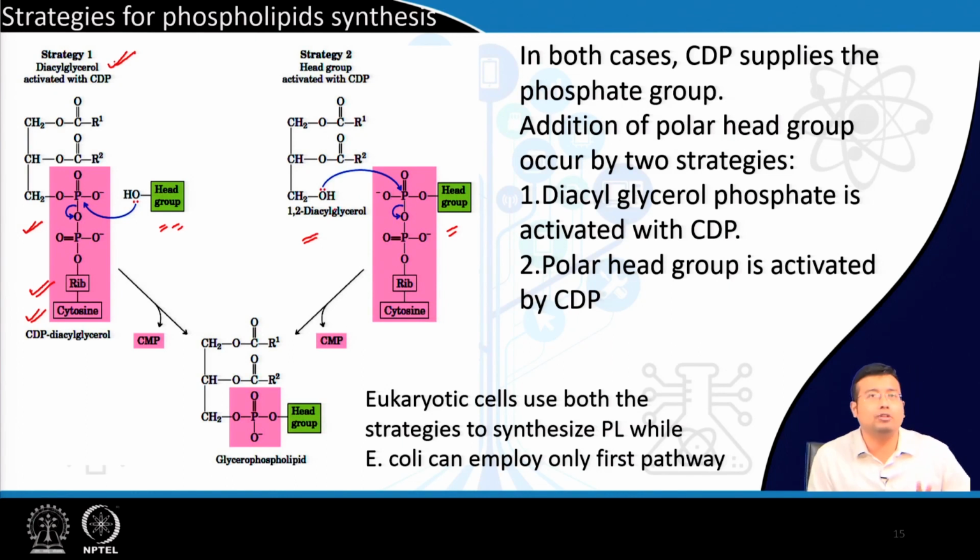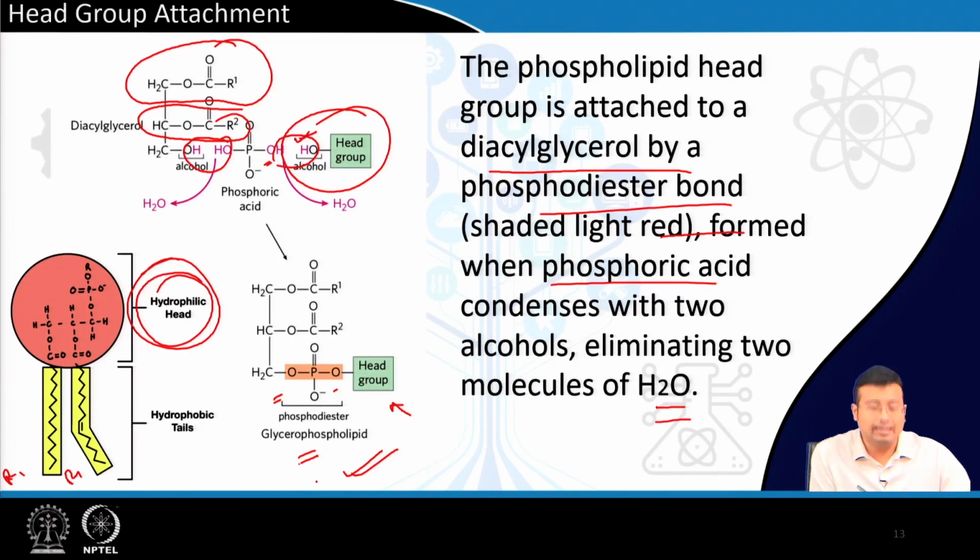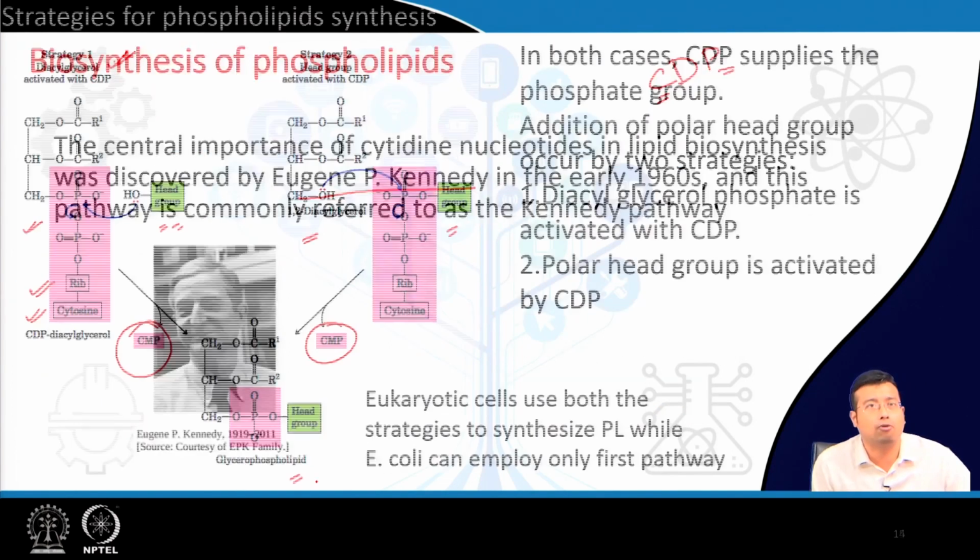Anyway, in either mechanism, one molecule of CMP will be lost, and ultimately we get the formation of the basic glycerophospholipid structure. This was theoretical: whenever a phosphoric acid condenses, it loses 2 molecules of water.